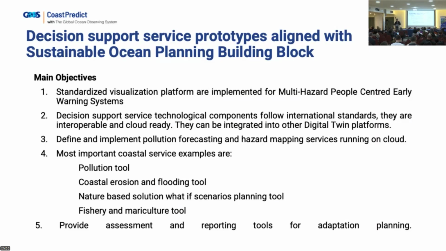We want to make available solutions, or the objective is to make available solutions of hazard mapping from the physical to the biogeochemistry to the pollution, for instance, and then even more focused applications on pollution, coastal erosion, and flooding, nature-based solution planning, fishery, mariculture, and then also, which is very relevant but very complex, make available the possibility of providing assessment.